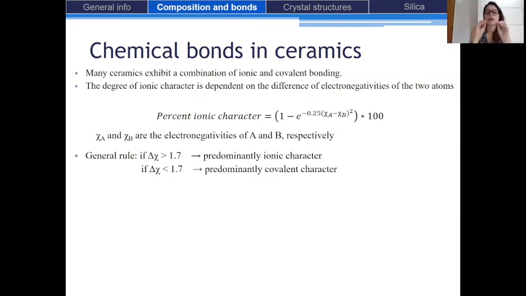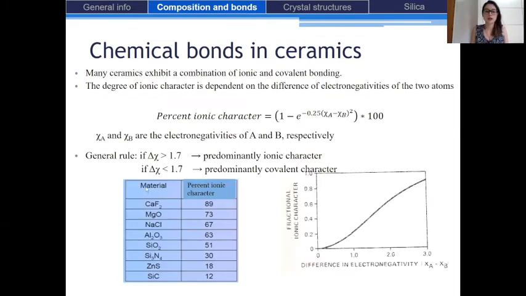And if this difference of electronegativity is lower than 1.7, predominantly covalent character. Okay, and this is very important because in fact it will explain the properties such as mechanical properties and thermal properties of these ceramics. So that's why it's important to know what is the character, ionic or covalent, of the bonding in a ceramic.